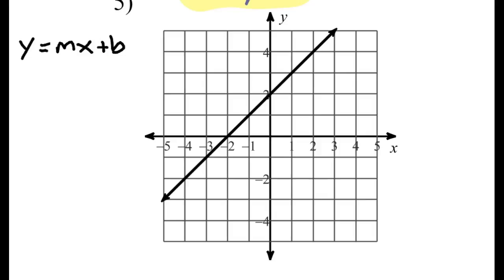You need 2 things. You need that y-intercept and you need the slope. Find out what m is. And b is where this starts, right? Then plus 2. And what is the slope?